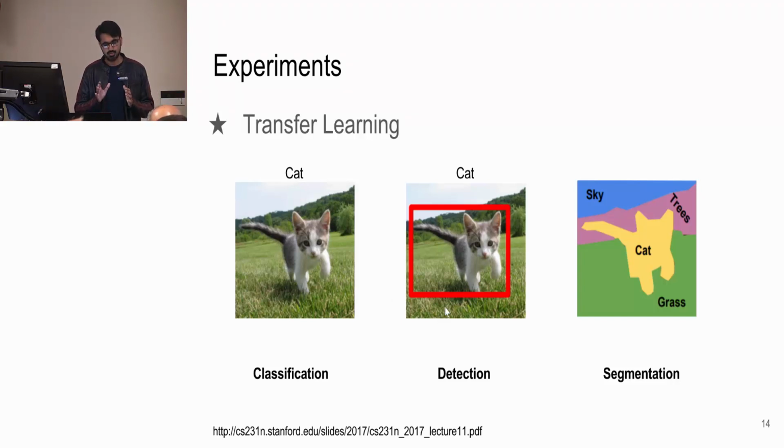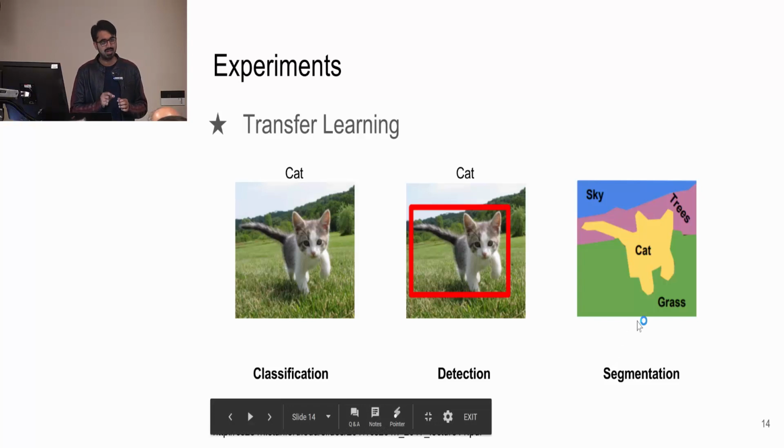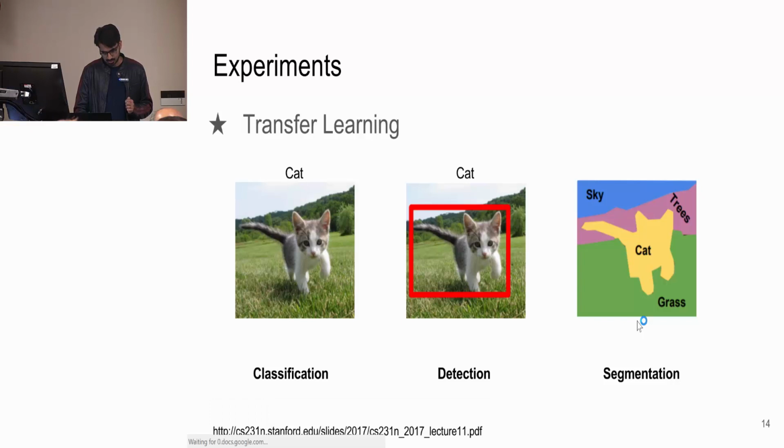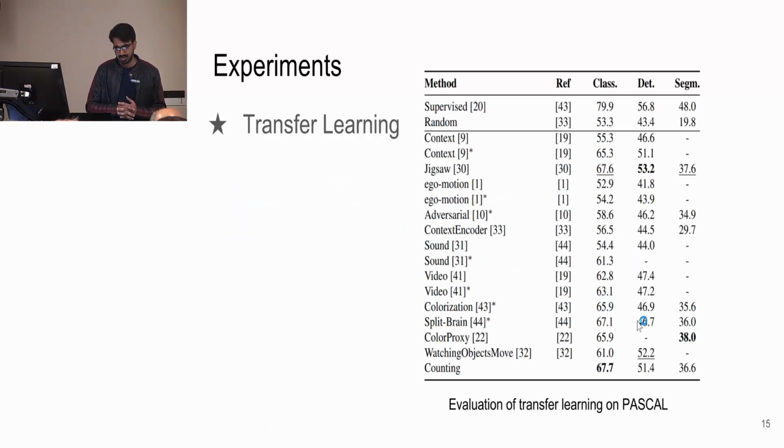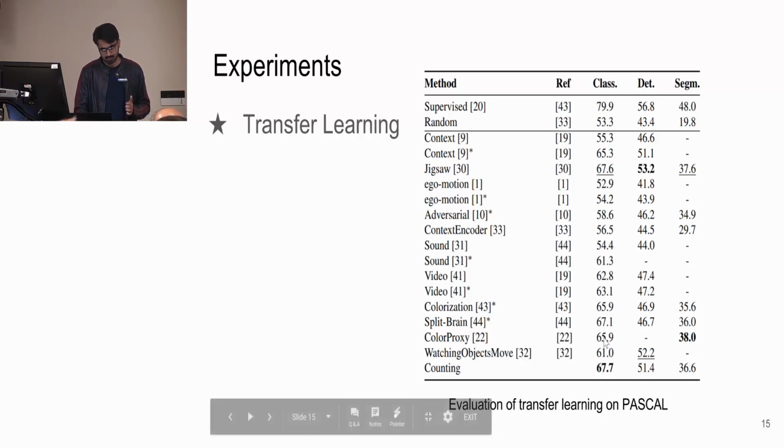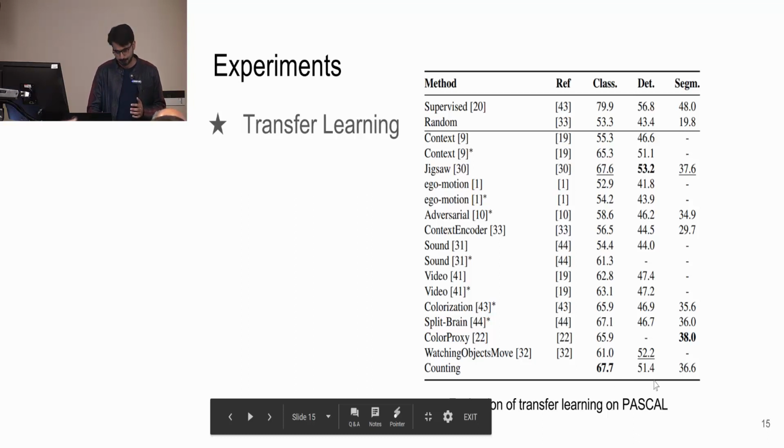For detection, we have to provide the bounding box around the object as well as the label. And for segmentation, we have to label each pixel in the image. They evaluated their learned representations on the PASCAL dataset, and here are the results. They have the best results for classification and comparable results for detection and segmentation.